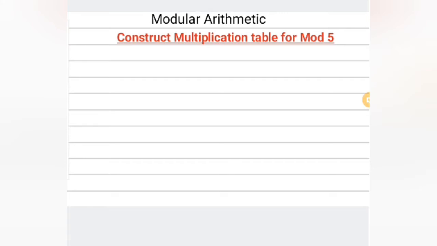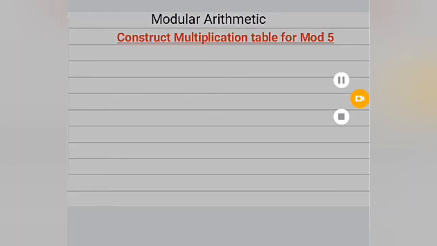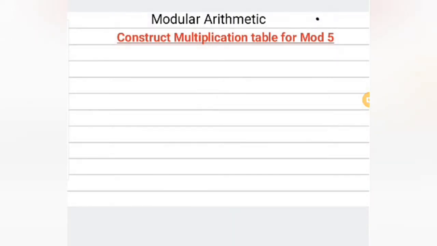Now let's look at another one, where we have construct the multiplication table for modulus 5. Now, using the same approach I've used the other time, we know that the highest digit we can have for mod 5 is 4. That means from 0, 1, 2, 3, the highest will be 4.